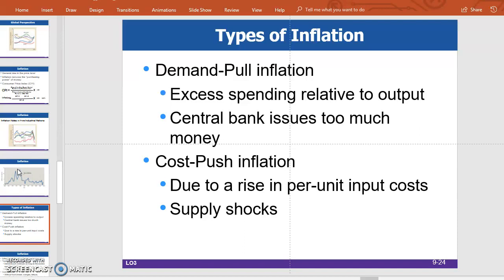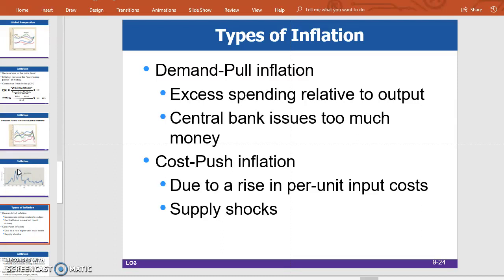So this is demand pull inflation, and the other one is cost push inflation. Cost push inflation is due to a rise in per unit input cost. When the cost of any resource increases, we know that the cost of production increases. This higher cost will result in higher per unit cost, and this will push up the price of goods and services.